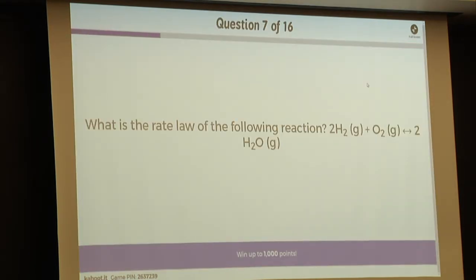What is the rate law of the following reaction?